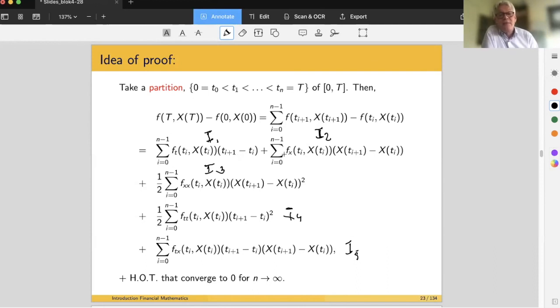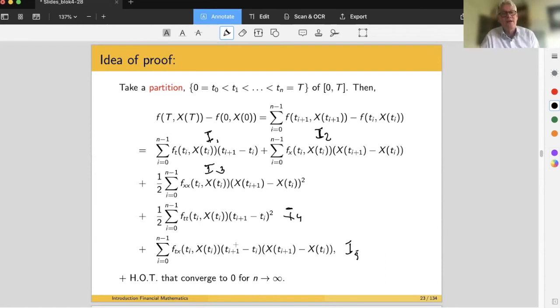Here we will see something like the first derivative times dx appearing. Here, when n goes to infinity and the mesh width goes to 0, we will see something like a second derivative times the squared increments, and the squared increments go with dt. Here we will see something with dt squared, and dt squared goes to 0. And here we will see something like the cross variation, and the cross variation will also turn to 0. We see that on the next page.